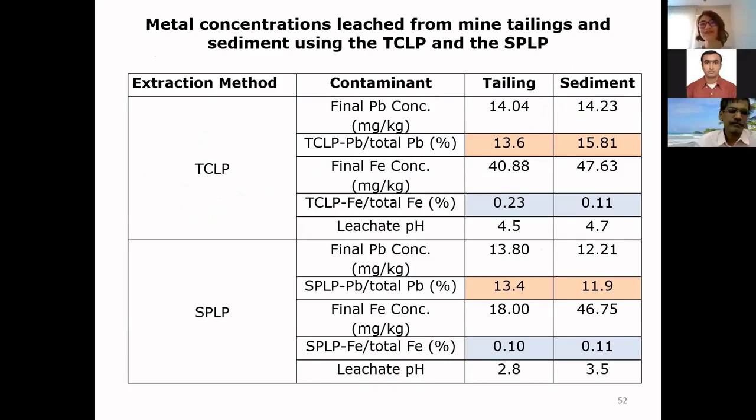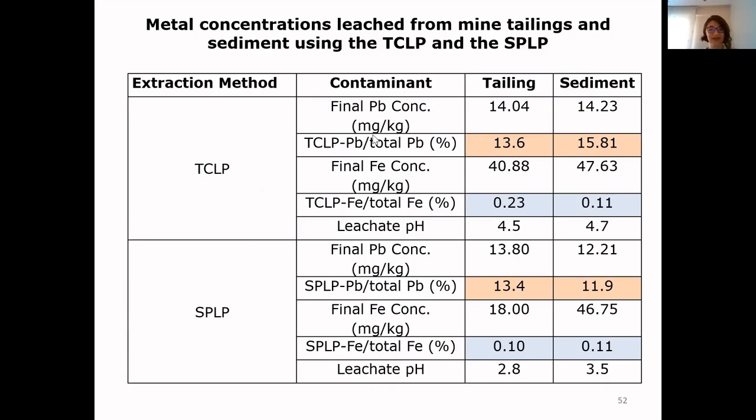And for the metal concentrations leached from mine tailings, we performed the TCLP and SPLP methods. When we look at the results, iron leached at higher concentrations than lead in both tests, but this is because of the much higher concentrations of iron than of lead.